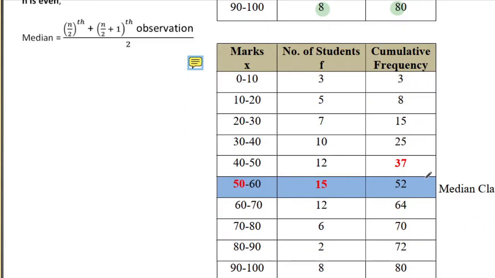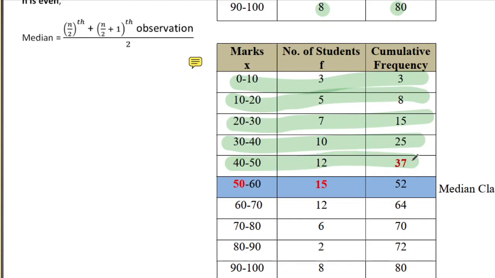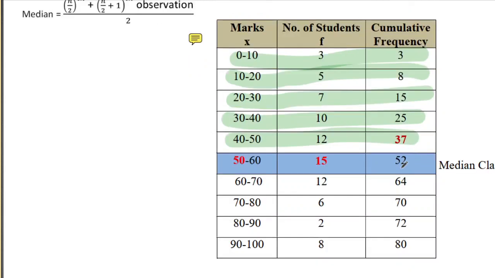So now find out the median class. In our observations, 1 to 3 are placed in this class, 4 to 8 in this class, 9 to 15 in this class, 16 to 25 in this class, 26 to 37 observations in this class, and 38 to 52 observations in this class.